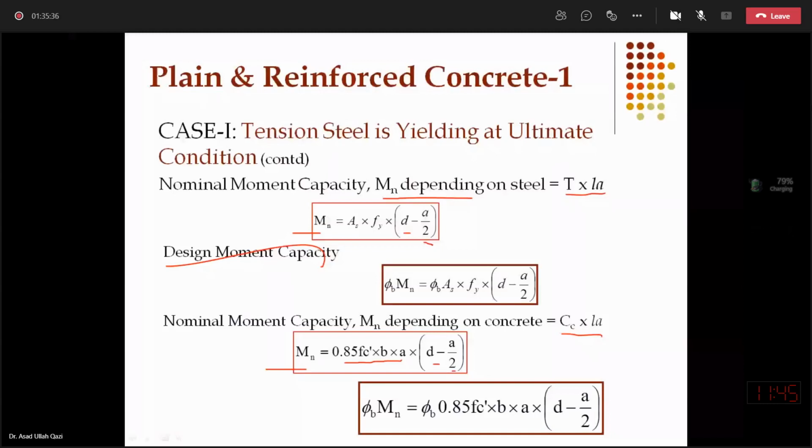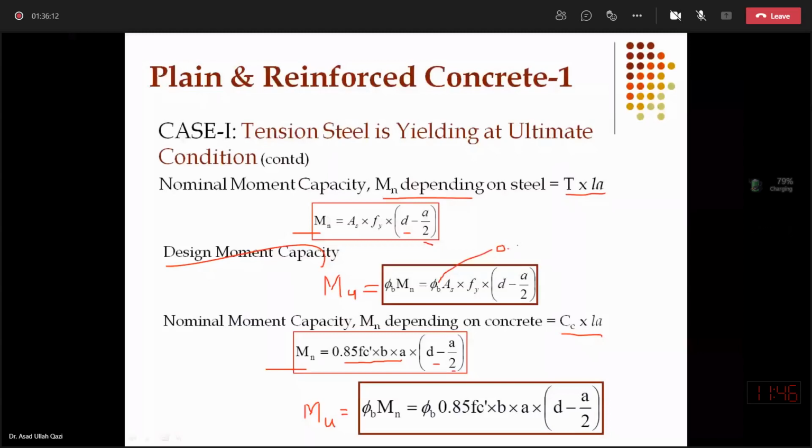So for flexure, in order to calculate ultimate moment resistance, either by using steel or concrete force, T into lever arm into phi or C into lever arm into phi, I will put phi along with that equation, and phi in flexure used will be 0.9.